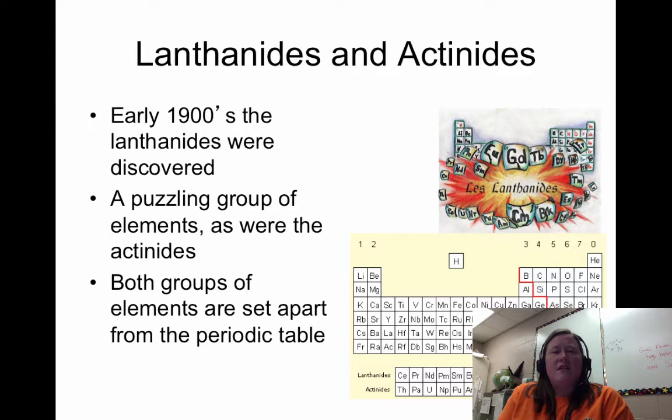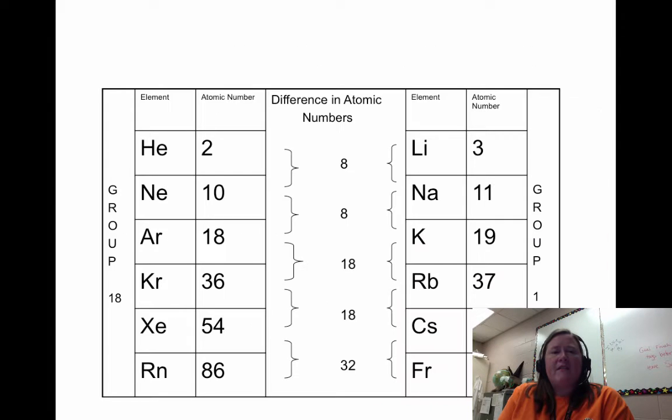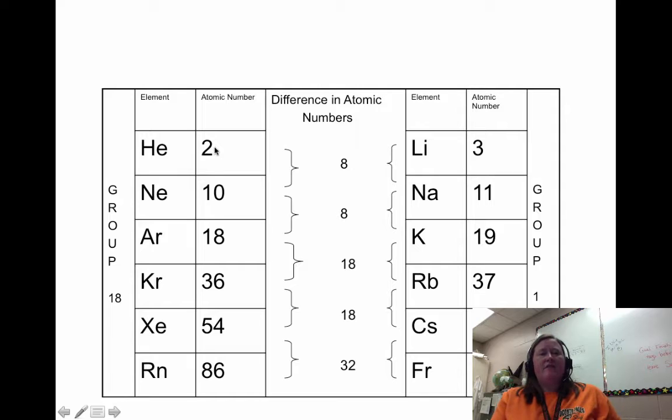And one thing that you can notice again on the periodic table is repeating patterns. If you look at elements down a group, whether it's group 18 or group 1, and you look at the difference in atomic number, from the first element to the second is 8. And the same goes here.